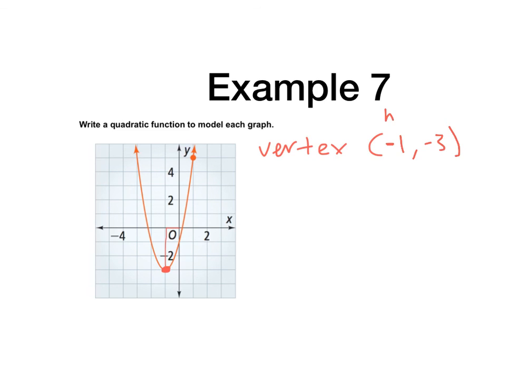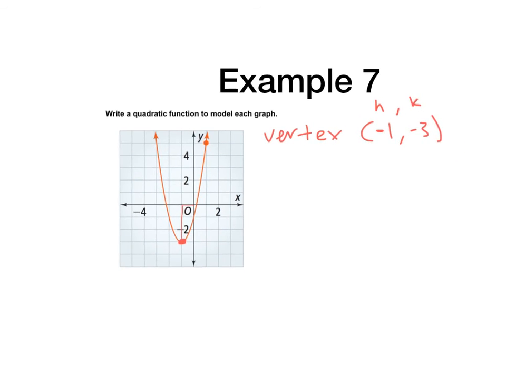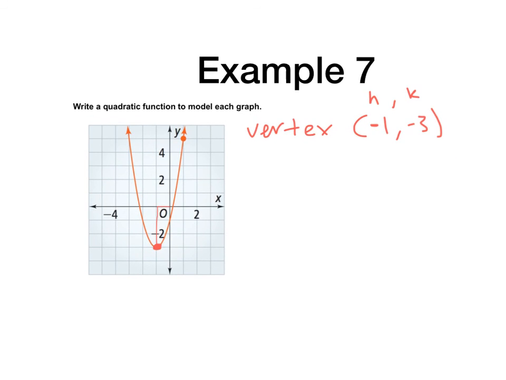So if our vertex is h comma k, now we know what our h and k are going to be in our quadratic function. So what did we say the vertex form of the quadratic is? If you go back to slide 3. A parentheses x minus h in parentheses to the second plus k.